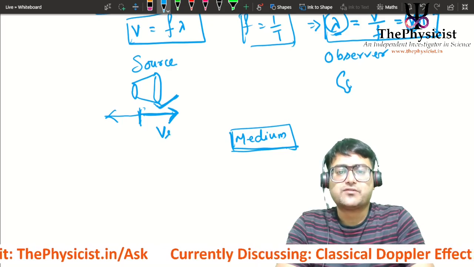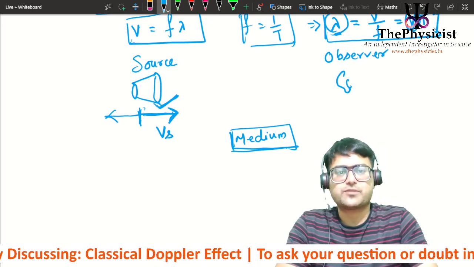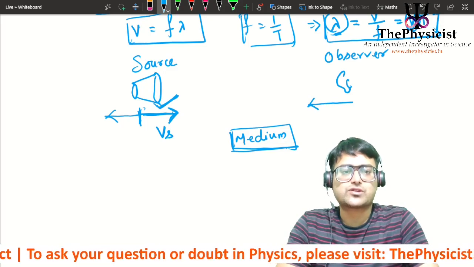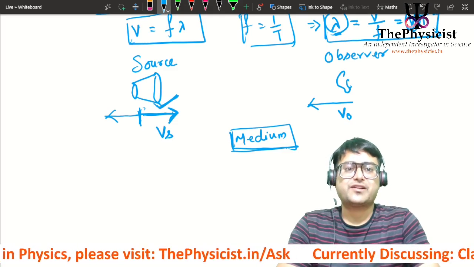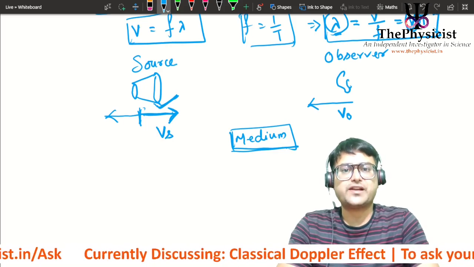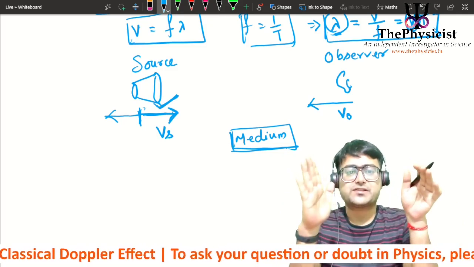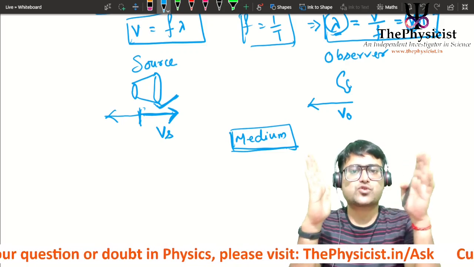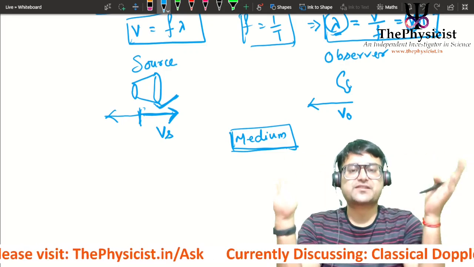In this case, velocity of the source, or speed of the source, let's call it velocity of the source also. The observer is moving towards the source with velocity of the observer. We are taking Vs and Vo, and we are not assigning negative signs because we are taking the case where both of them are approaching. If either the source or the observer moves in such a way that the separation between them is increasing, that means they are receding instead of approaching.